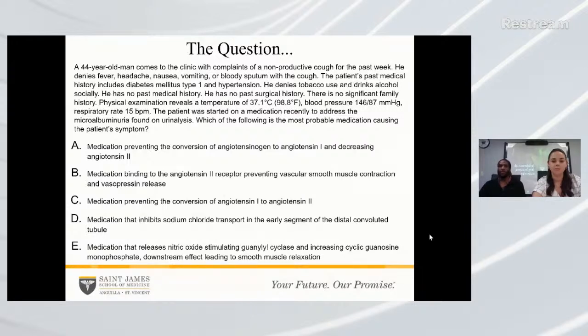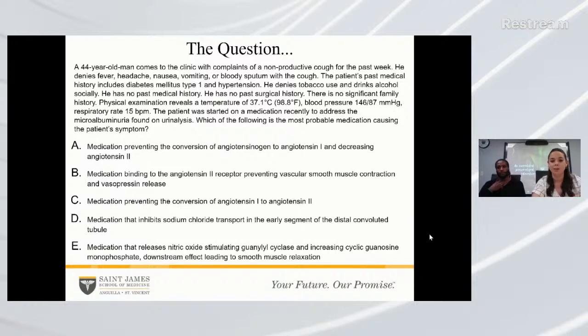D, a medication that inhibits sodium chloride transport in the early segment of the distal convoluted tubule. Or E, a medication that releases nitric oxide stimulating guanylyl cyclase and increasing cyclic guanosine monophosphate, downstream effect leading to smooth muscle relaxation.